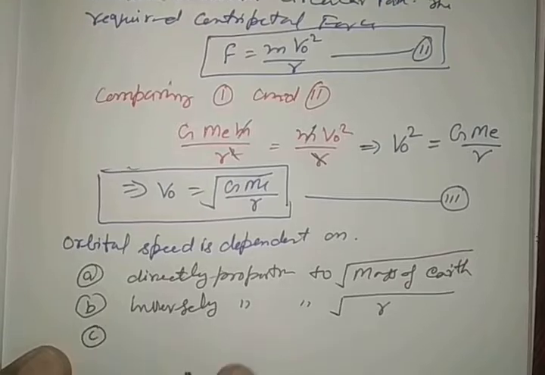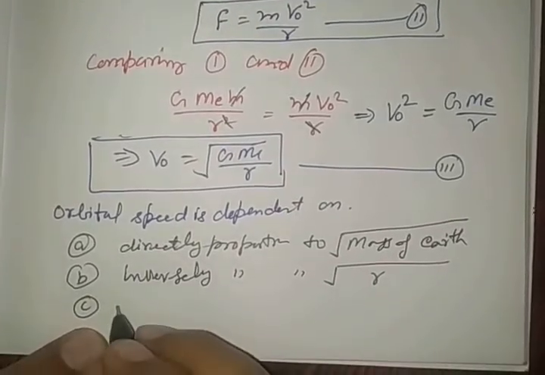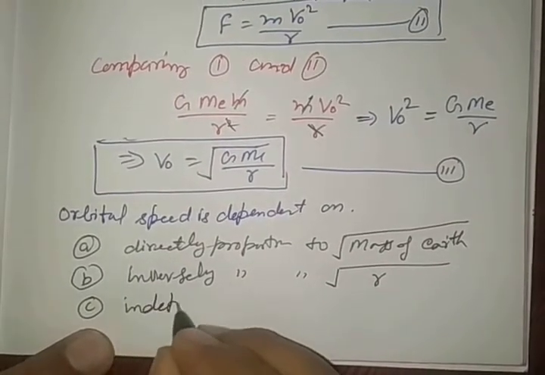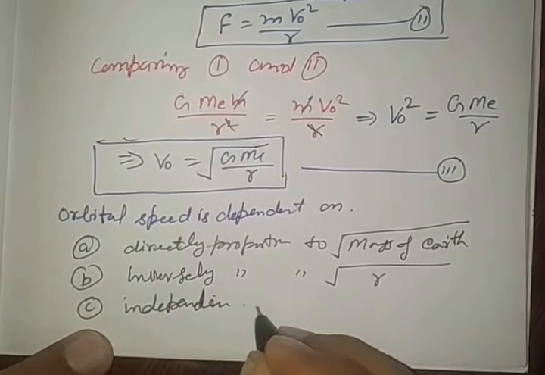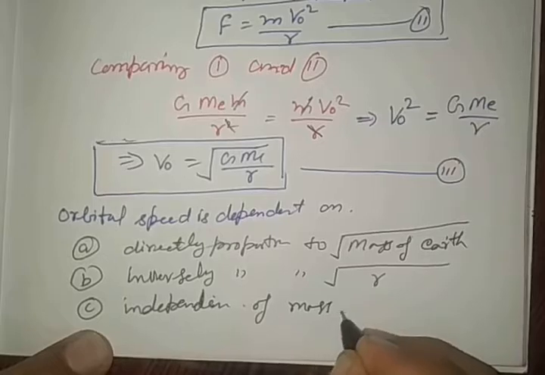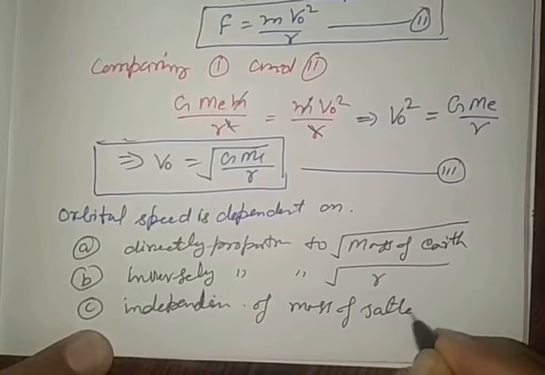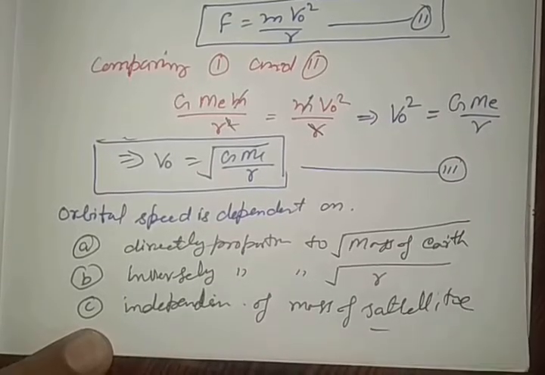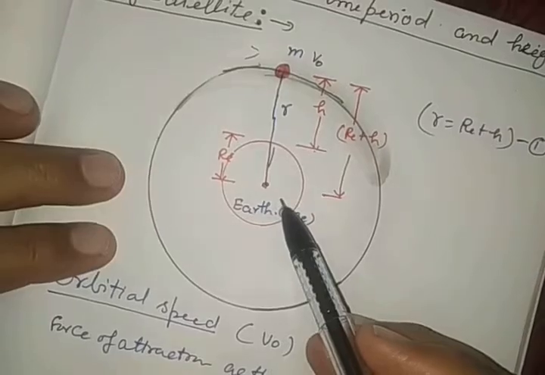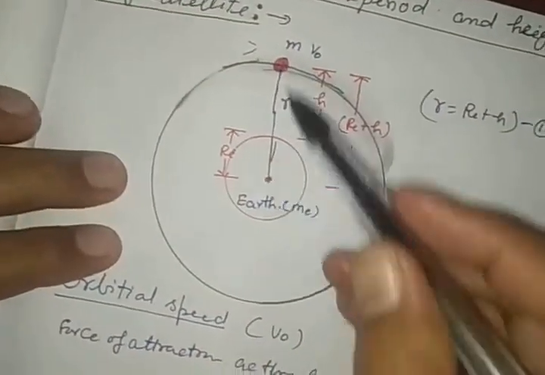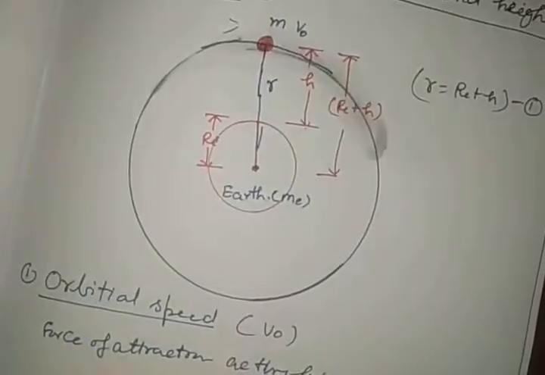But one more important thing: it is independent of the mass of the satellite. Here in the formula, the mass of the satellite has no role. Only the mass of Earth and the distance between Earth and satellite are used. Right?